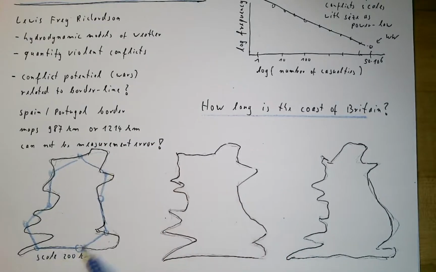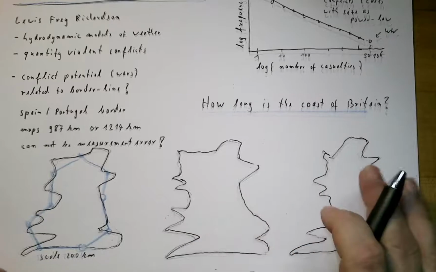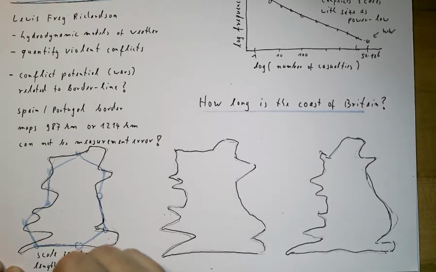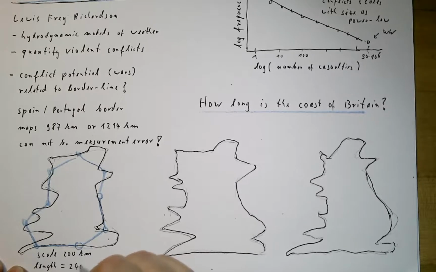And you see we need a certain number of objects. Every object has a scale of 200 kilometers. And then we obtain the length. And that's actually what Richardson did here. And then we get a length. And at this scale we say it's maybe 2,400 kilometers.